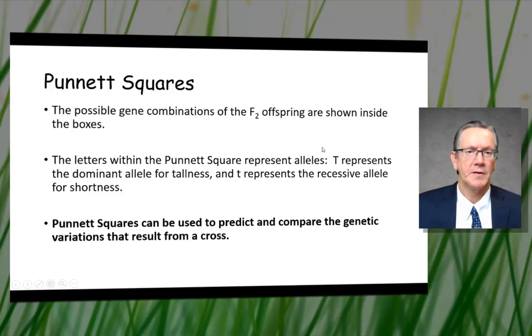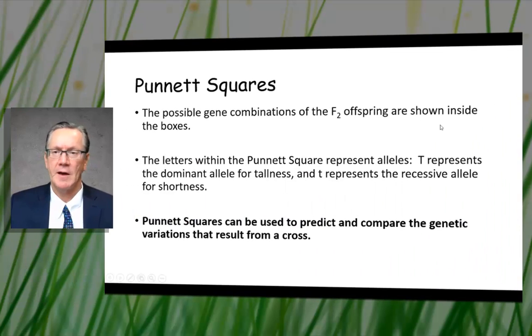Punnett squares. The possible gene combinations of the F2 offspring are shown inside the boxes. The letters within the Punnett square represent alleles. T represents the dominant allele for tallness, and lowercase t represents the recessive allele for shortness. Punnett squares can be used to predict and compare the genetic variations that result from a cross.